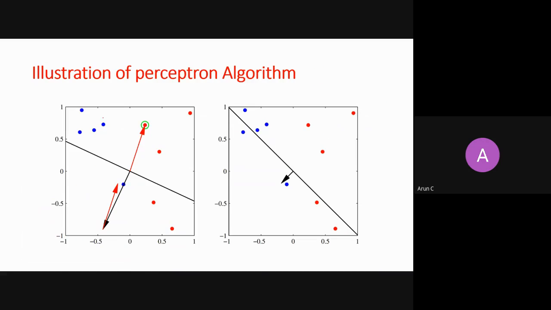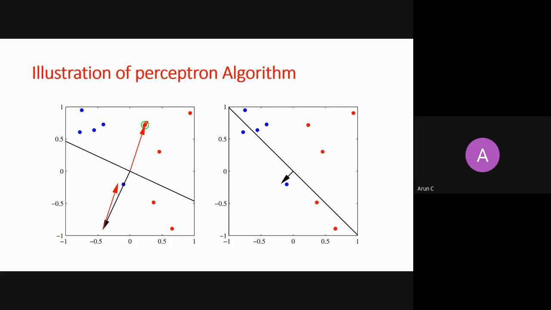Geometrically, let's say this black one was your w vector, and you are misclassifying your positive sample, the red one. So this is your misclassification, right?